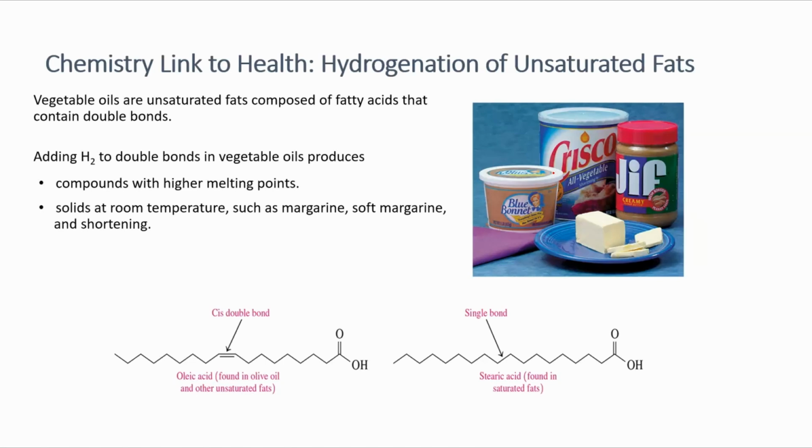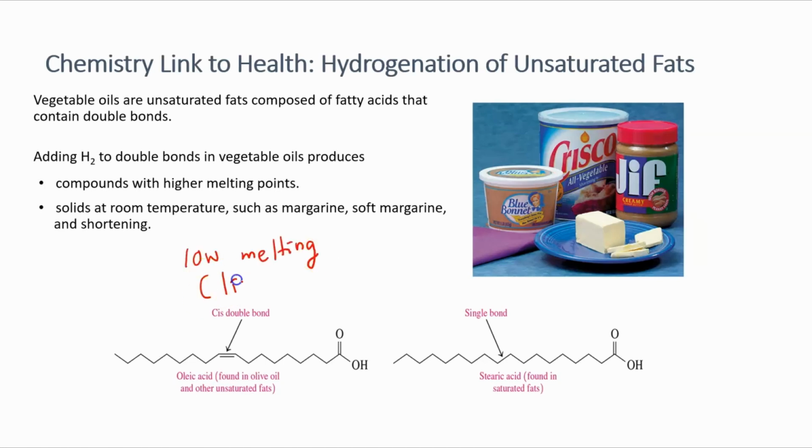For example, vegetable oils are unsaturated fats, and if somebody needs to convert these unsaturated fats into saturated fats like margarine, they have to do the hydrogenation reaction. So it's just addition of the hydrogen molecule over the double bonds in the unsaturated fats like vegetable oil.